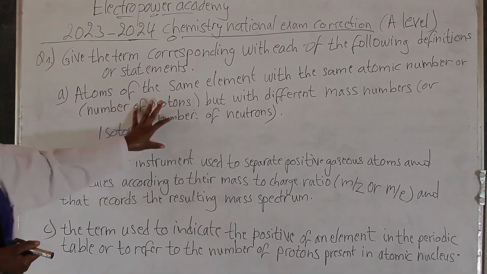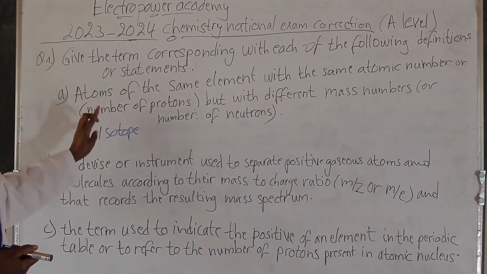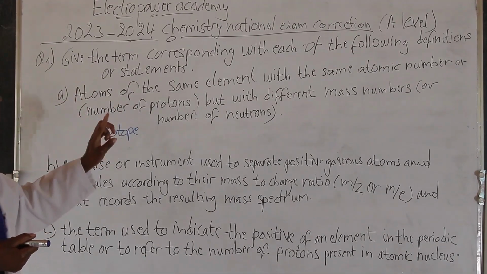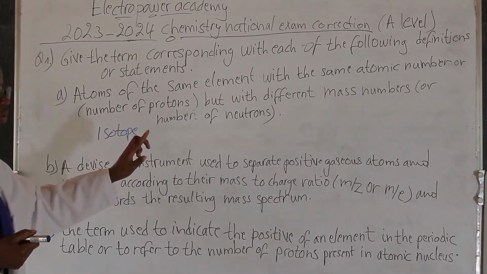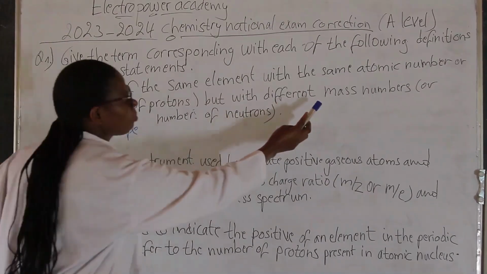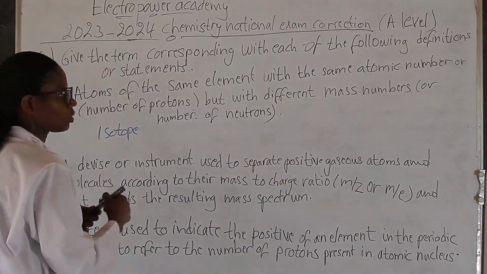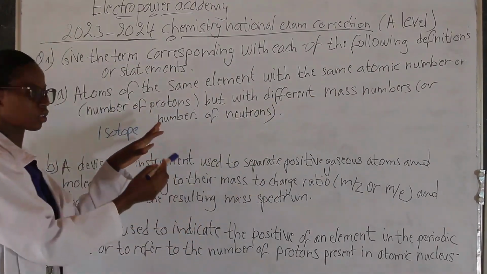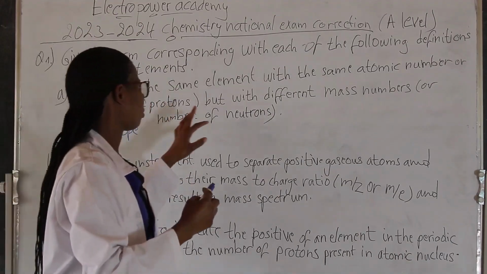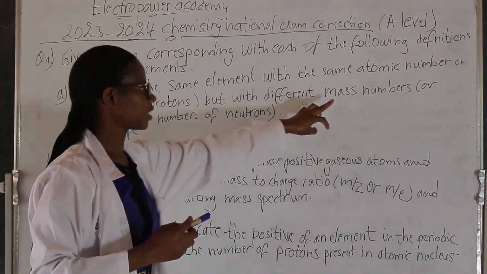Remember, for isotopes, atoms have the same number of protons but differ in number of neutrons, which leads to different mass numbers, because mass number equals number of neutrons plus number of protons.